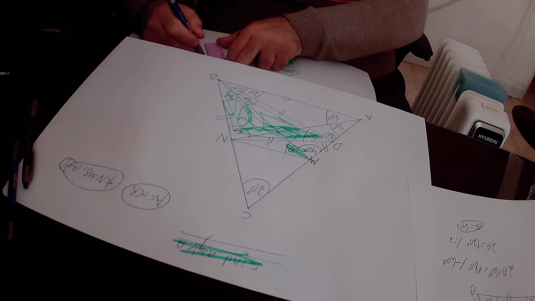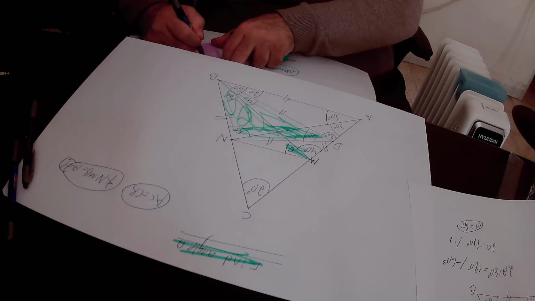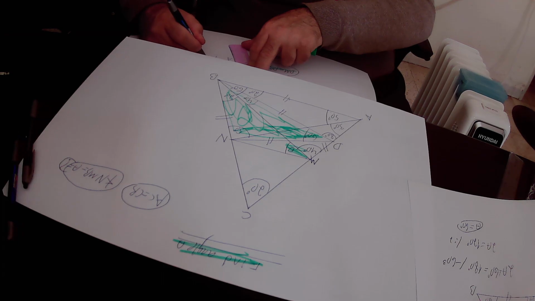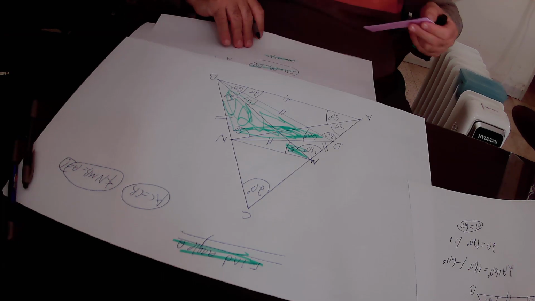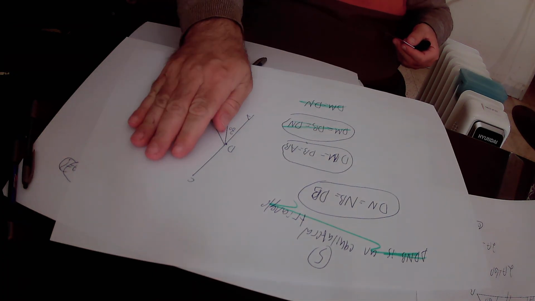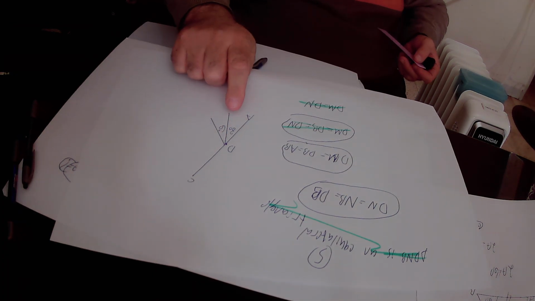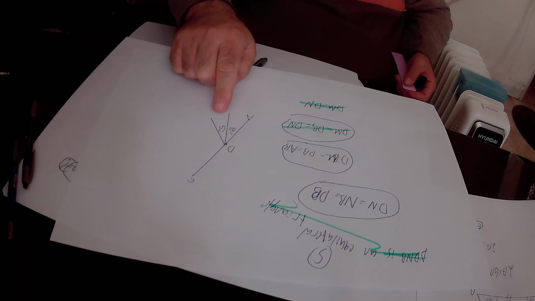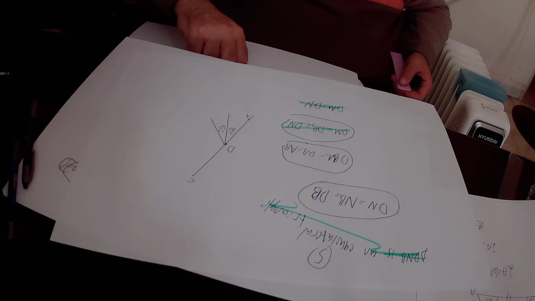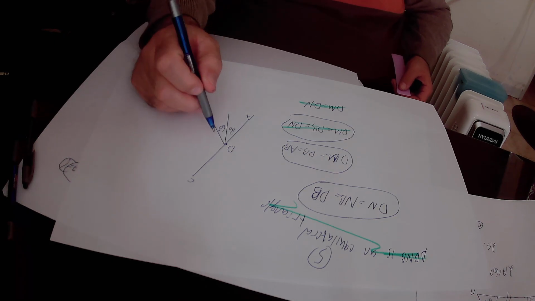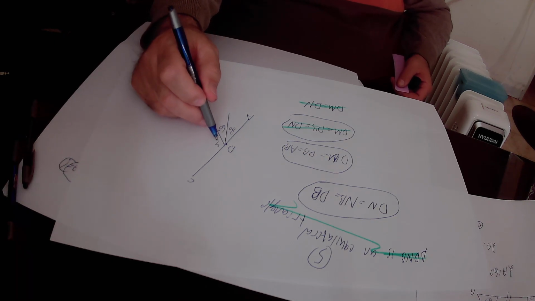This angle equals 80 degrees. Therefore, the missing angle must be equal to 40 degrees.